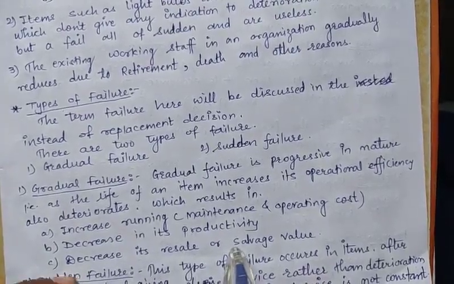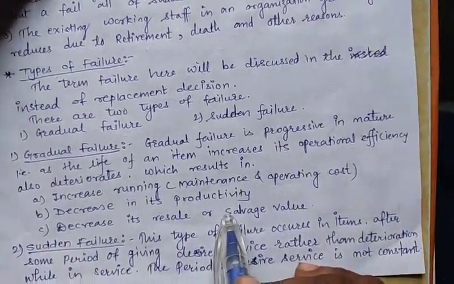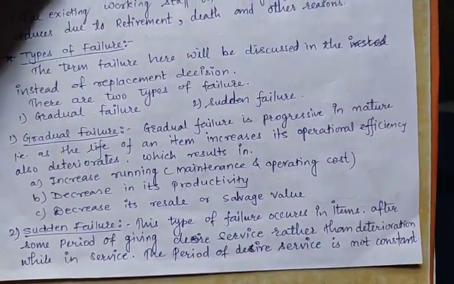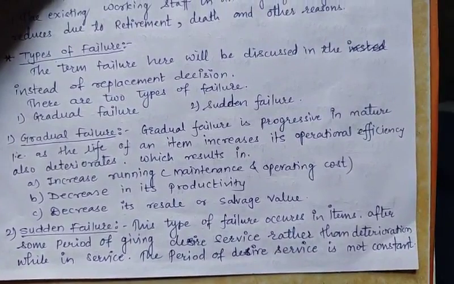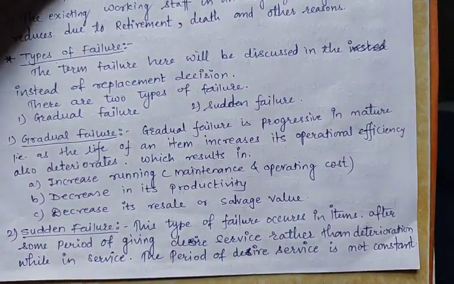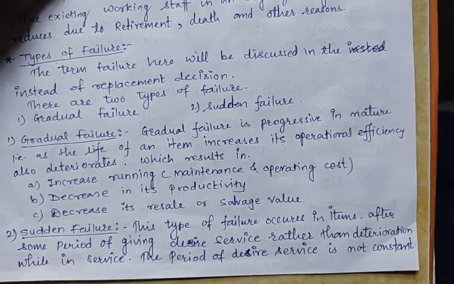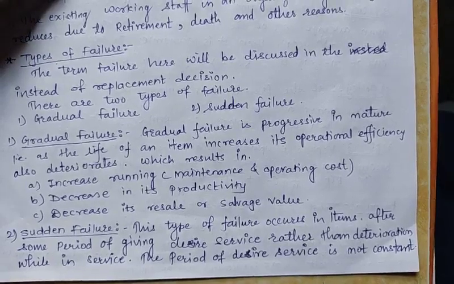So that's gradual failure. Now the second is sudden failure. This type of failure occurs in items after some period of giving desired service rather than deterioration while in service. The period of desired service is not constant. That is called sudden failure.